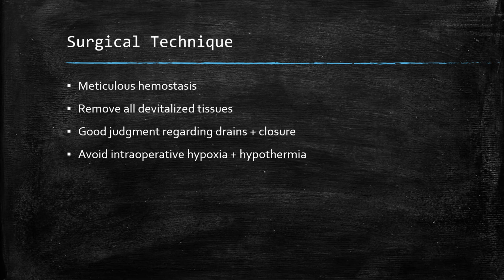We also need to use good judgment regarding the use of drains, and we need to decide carefully how we're going to close the wound, and even whether it should be closed at all. Lastly, we need to work very closely with our anesthesia colleagues, because the presence of hypoxia and hypothermia increase all manner of complications, including wound complications.